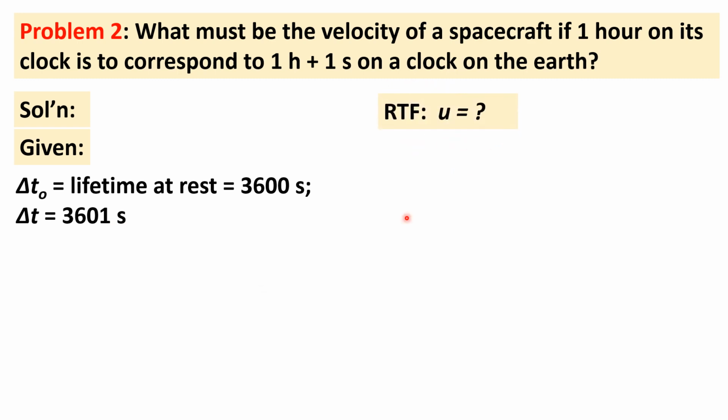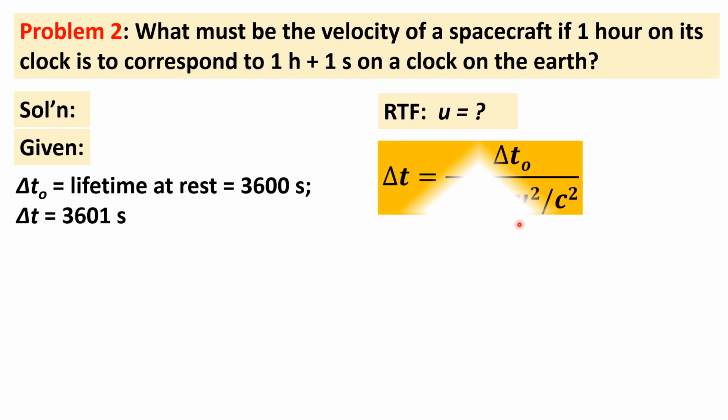We are required to find the velocity of the spacecraft, labeled as u. So from the formula delta t equals delta t naught divided by the square root of 1 minus u squared over c squared, we are supposed to determine the working formula for us to be able to find u.